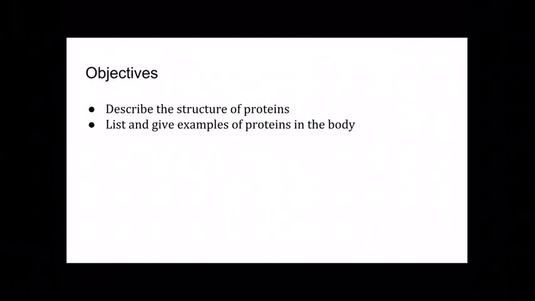So we talked about the structure of proteins. We talked about how proteins have a primary structure of a string of amino acids in a specific sequence, and those amino acids are bonded to each other through peptide bonds. We talked about the secondary structure that forms once we get a certain length of that primary structure, like alpha helix and beta sheets, and then hydrogen bonds holding those shapes in place.